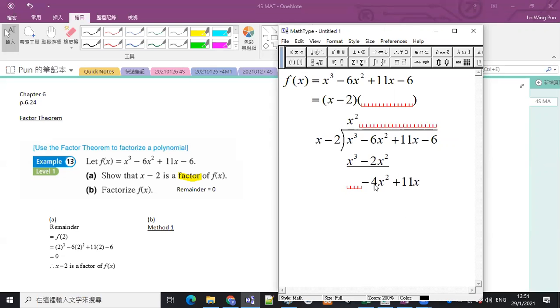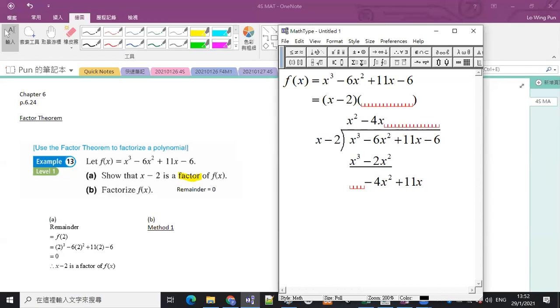Okay, so I want negative 4x squared. I have x. So what I need is negative, and then number is 4, and then the x term is just x. Can you get this?